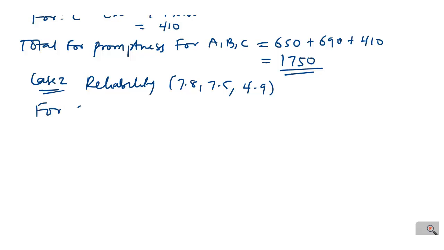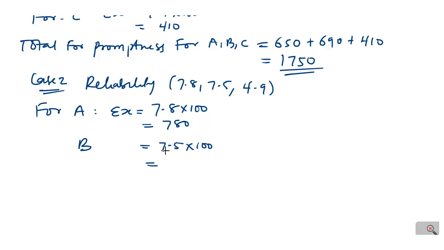So for A, summation x will give us 7.8 times 100, that will give us 780. Then for B, that will give us 7.5 times 100, and that will definitely give us 750.